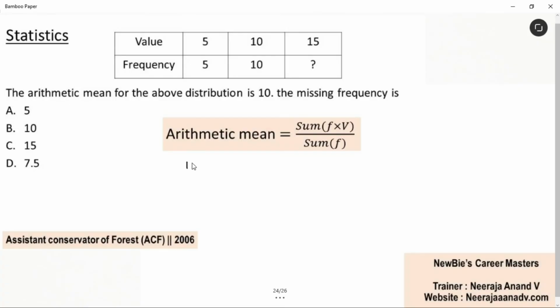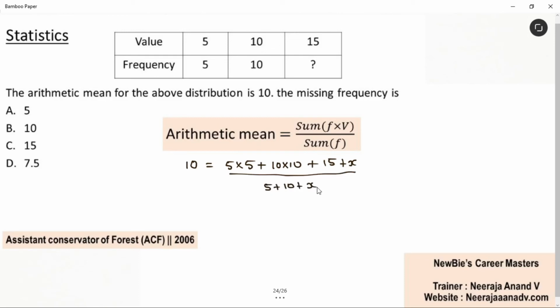Arithmetic mean is given as 10 and sum of product of the frequency and its respective value. Okay, then see here, 5 into 5 plus 10 into 10 plus 15, and we don't know this value, let's take it as x, divided by sum of all the frequencies, that is 5 plus 10 plus x.